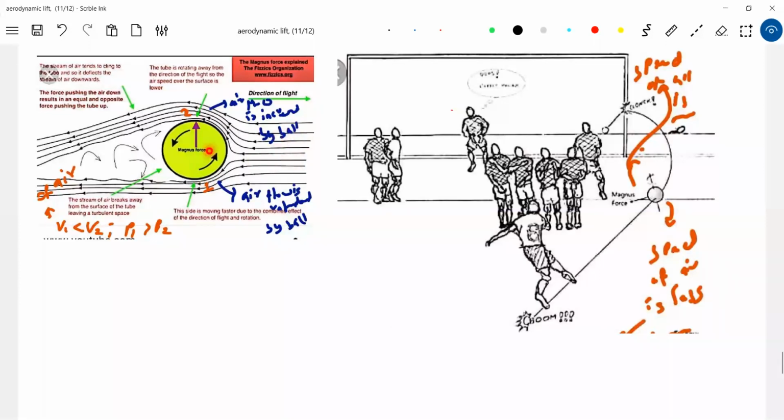By the time it encounters the spinning ball, the spinning sphere, the air will be retarded more at the lower point. Airflow is retarded by the ball.